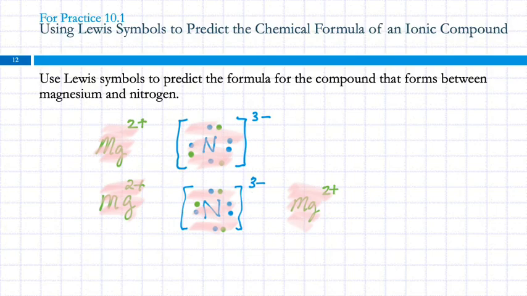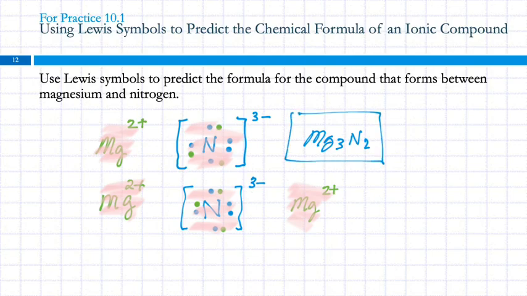But it took 3 magnesiums and 2 nitrogens for this to work out. If we had one less of anything, it doesn't come out right. And we can do more, but it's always going to be this ratio. 3 magnesiums to 2 nitrogens. And so that's why the formula is Mg3N2.